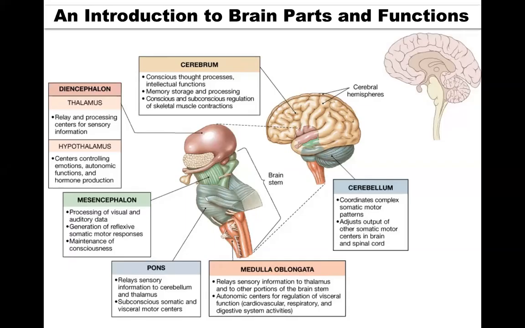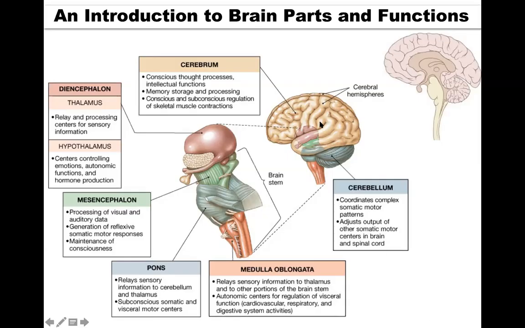It keeps the rhythmicity; the heart pumps with a rhythm, and that rhythmicity is controlled by the medulla oblongata. We'll learn this in more detail when we learn the autonomic nervous system, or ANS, and see the role of the medulla oblongata there. But right now, just remember it is a center for the regulation of visceral function, for example cardiovascular, respiratory, and digestive system activities.